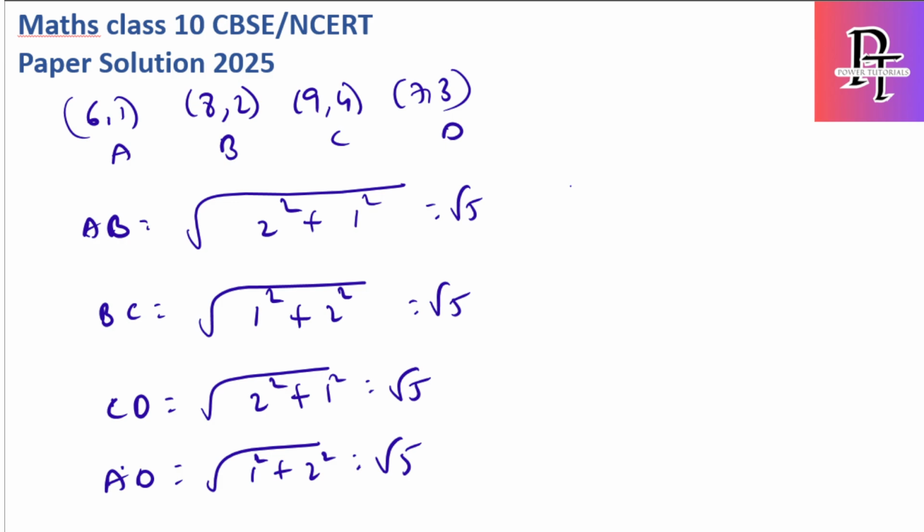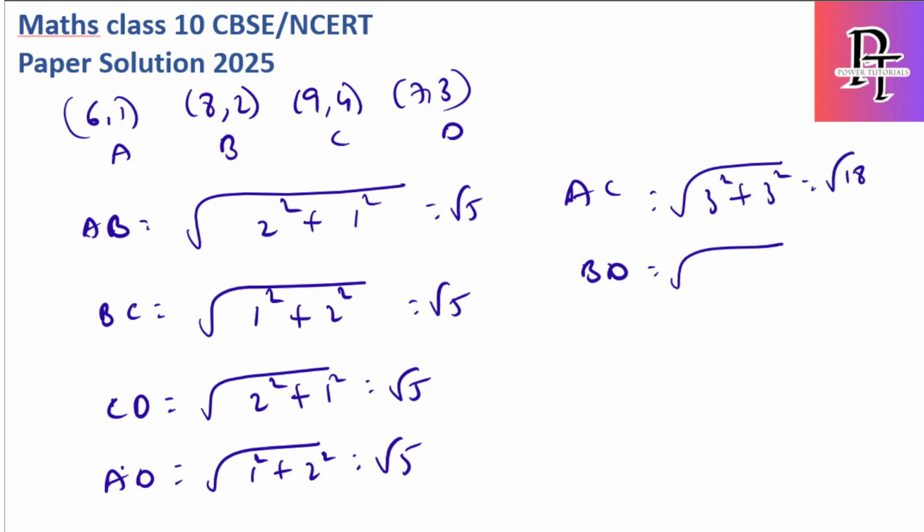Okay, we'll find the diagonals as well, AC and BD. AC is how much? 9 minus 6, 3 square, and 4 minus 1, again 3 square, which is root 18. And BD: 7 minus 8, 1 square, plus 3 minus 2, again 1 square, which is root 2. So AC is not equal to BD and all the sides are equal. Then it forms a rhombus.